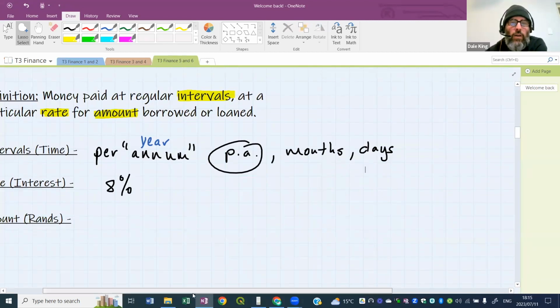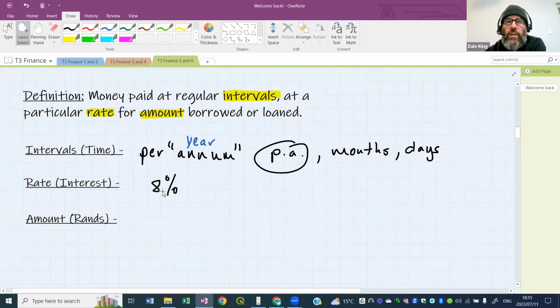Let's come back to our rate of interest. The question I ask you is, is what I've written here, 8%, an interest rate? Yes or no? Bianca's saying no now. Oliver's saying yes.